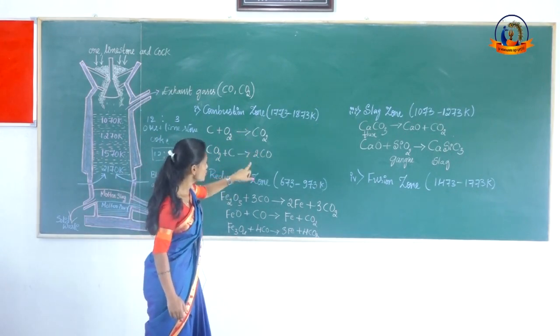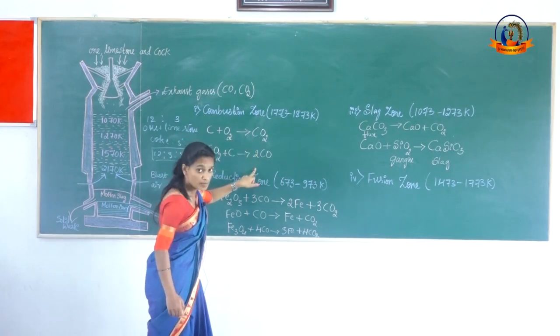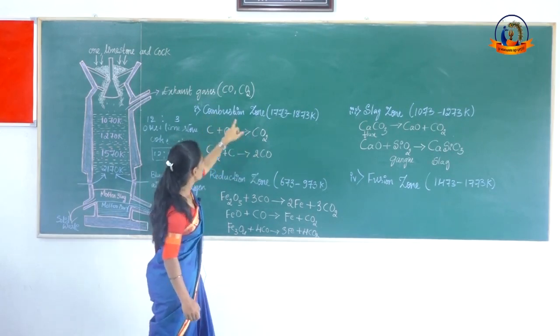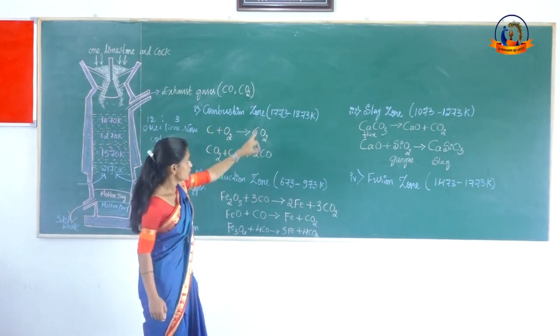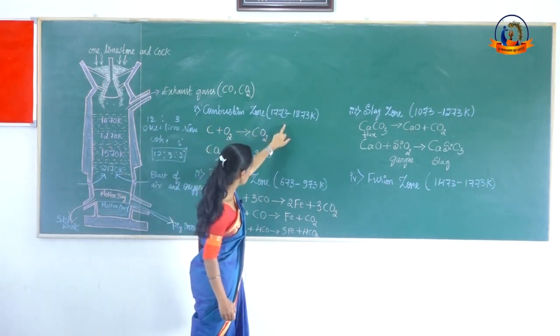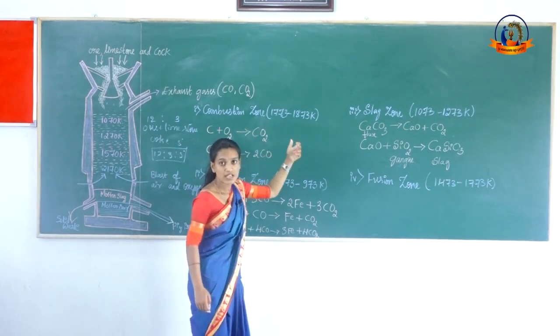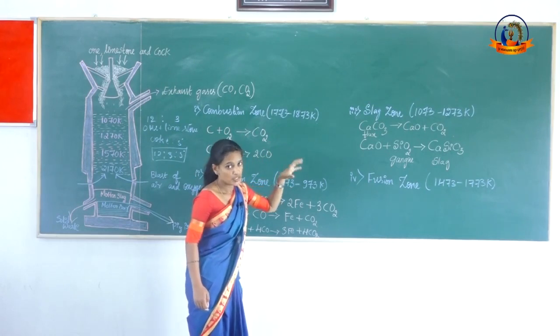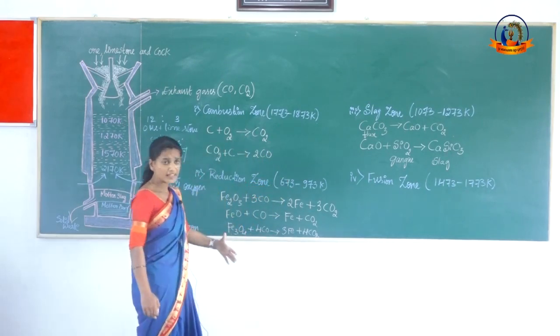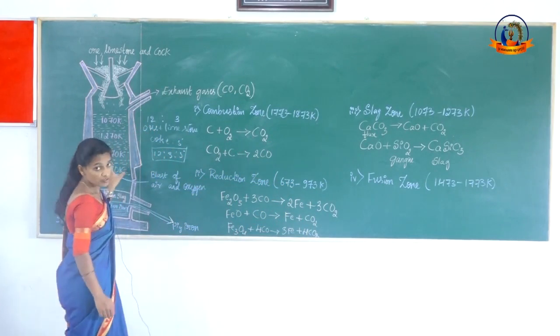So the formation of carbon dioxide and carbon monoxide takes place in the combustion zone, at a temperature range of 1773 Kelvin to 1873 Kelvin. At that time the actual reaction, the combustion, takes place.